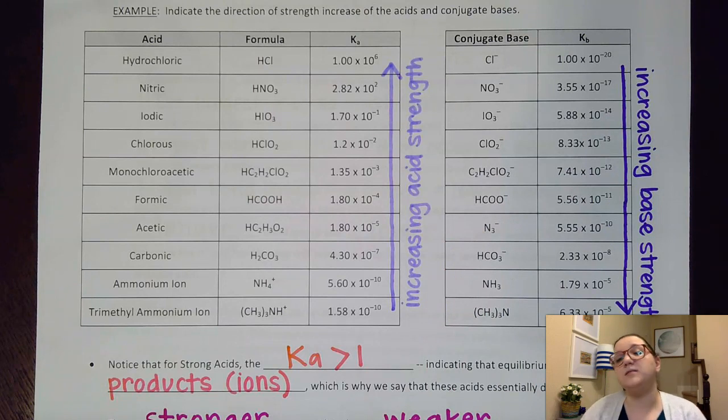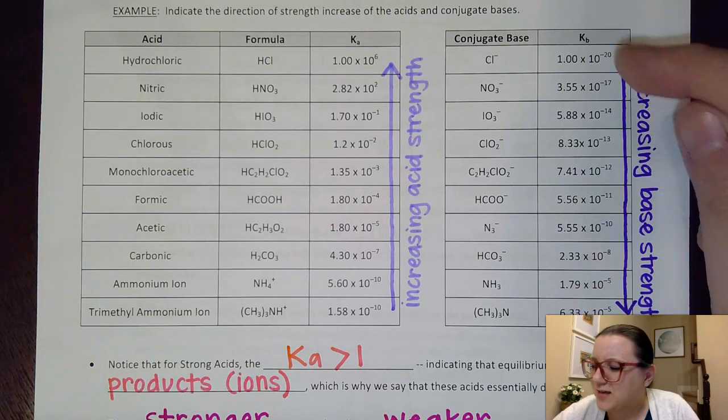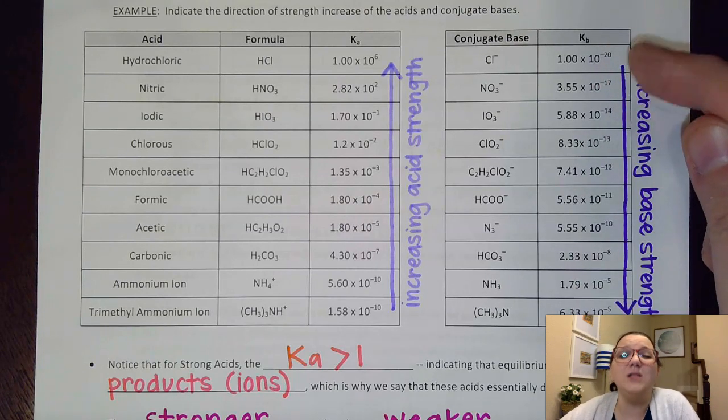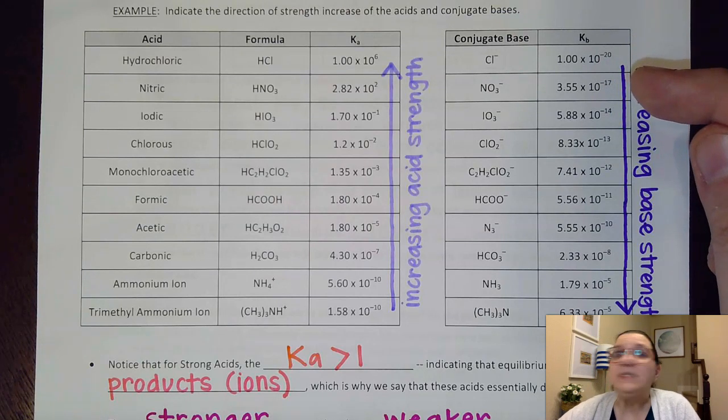Now, this actually helps us out with regards to calculations. Think about the way we did calculations for pH for hydrochloric and nitric. We essentially said that all of our substance is going to go and make ions. And so we just used stoichiometry to figure out what that ion concentration would be in order to get the pH. We didn't even take into consideration that the conjugate base that we form might go back and form acid. Why? Because it does so such a small, insignificant amount that it doesn't matter in terms of the calculation.